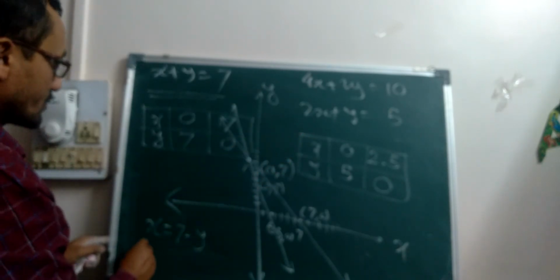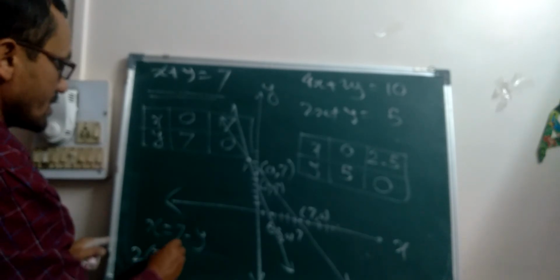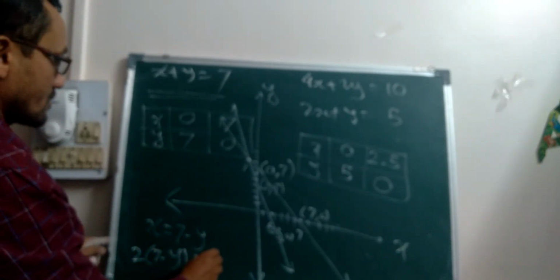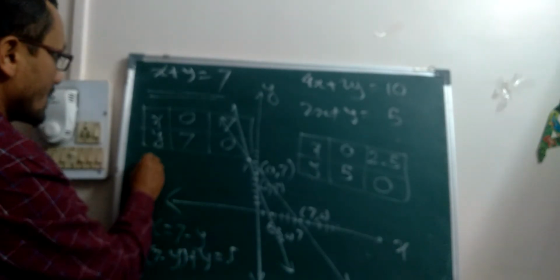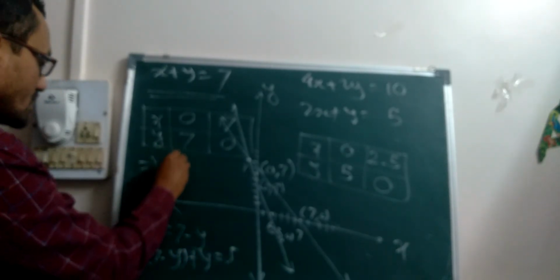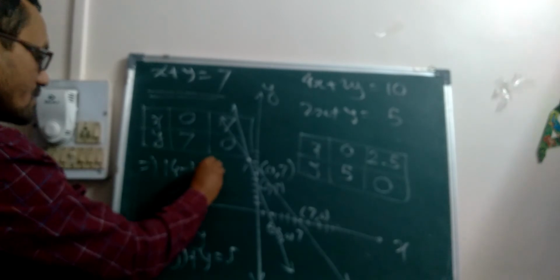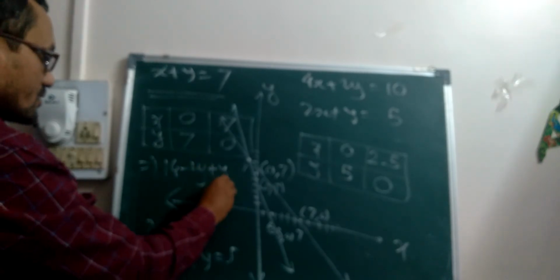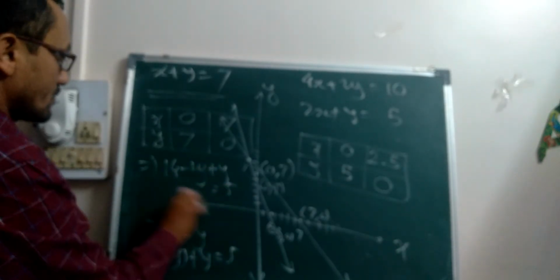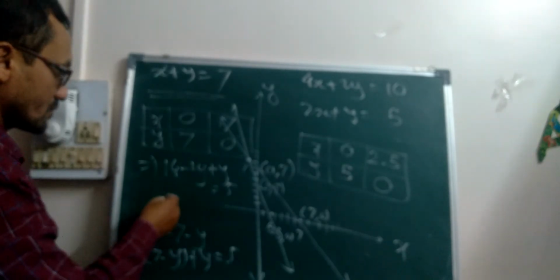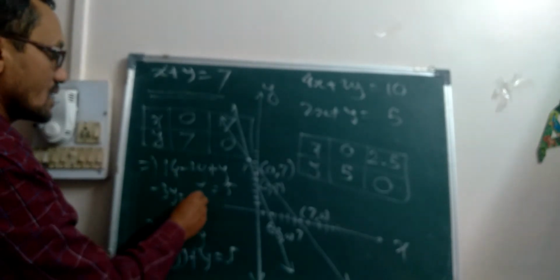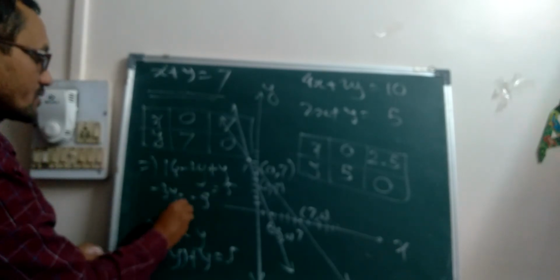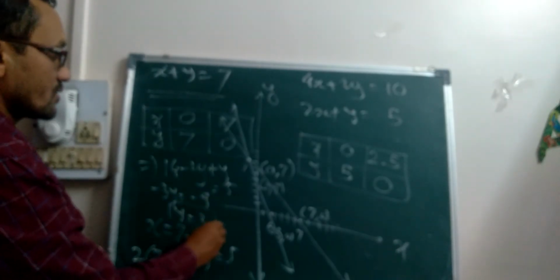So we get 2 times (7 minus y) plus y equals 5. This implies 14 minus 2y plus y equals 5. So minus y equals 5 minus 14, which is minus 9.